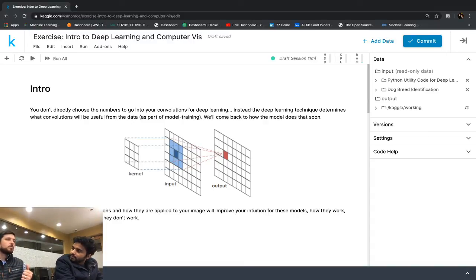Convolution layers in a neural network allow you to automatically figure out what filters would be appropriate for the data through the optimization process, rather than knowing ahead of time what those filters should be.